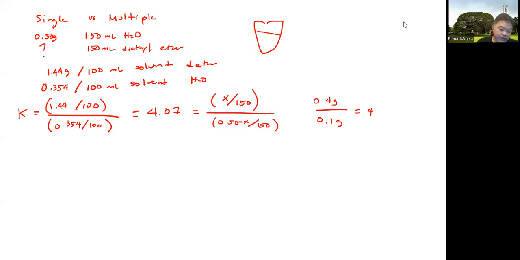Now, the question I'm going to ask is how many percent was extracted from the aqueous layer to the organic layer? You can just put it as 0.4 over 0.5 times 100. So you have 80%.